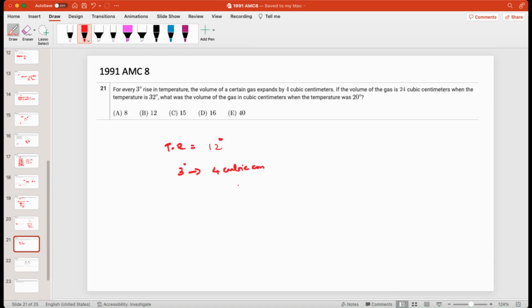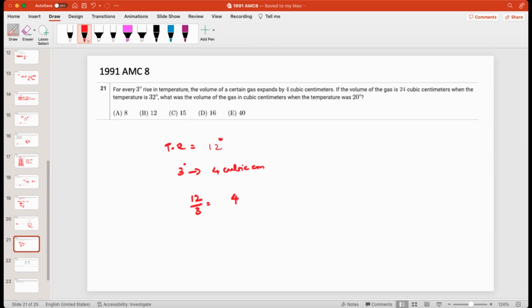The volume of the gas is 24 cubic centimeters when the temperature is 32. So from 12 degrees, I'm going to say 12 by 3, which is 4.